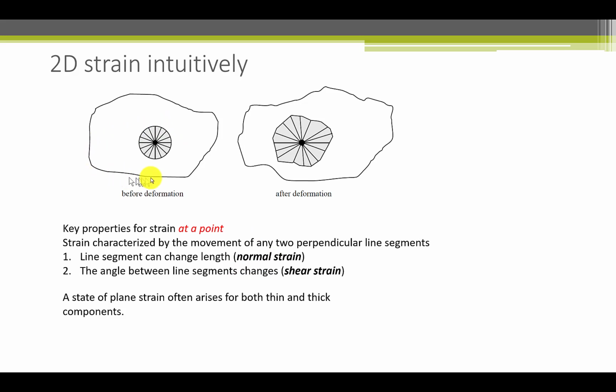So you can take this body here and stretch it in different directions, and these length changes, which are a function of angle, of course, are the normal strains if you're looking at the corresponding straight line element. The angle between the segments changes, and that is the shear strain. So you can see that, for example, this second one here had positive shear strain.